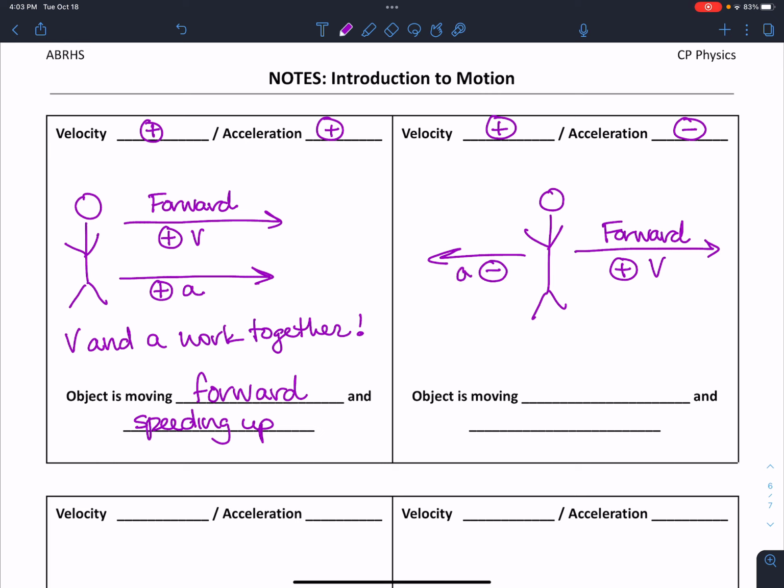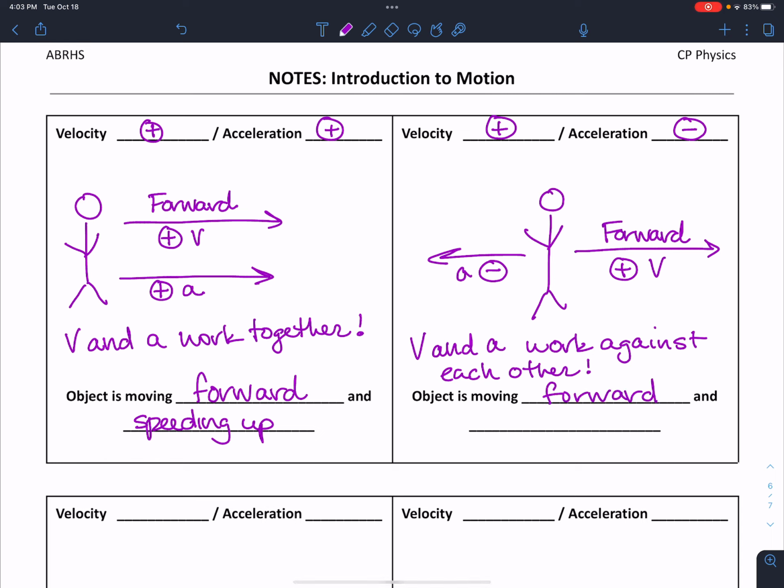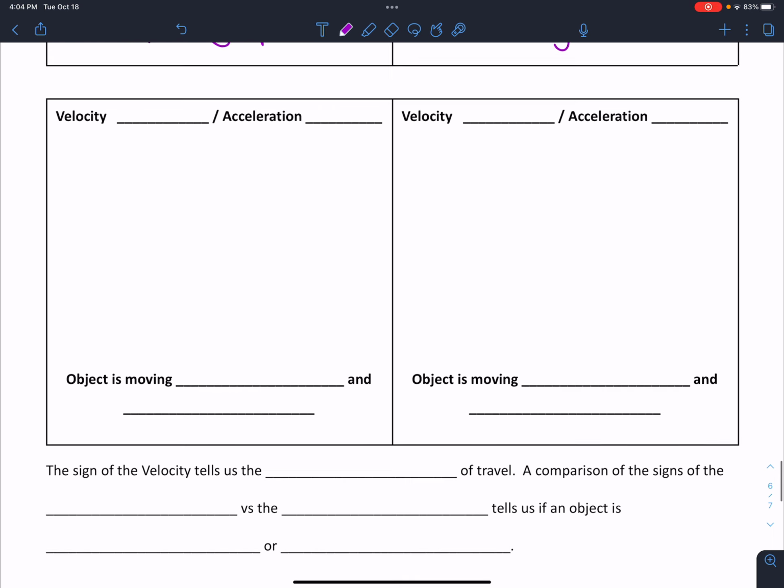If you're biking, for example, and you're pedaling forward, but you apply the brakes, which provide friction in the other direction, that's going to slow you down because the velocity and the acceleration are working against each other. Because of that, you cannot speed up. So in this scenario, the object is still moving forward because of the positive velocity value, but they are slowing down because the two signs, the acceleration and velocity, are working against each other.